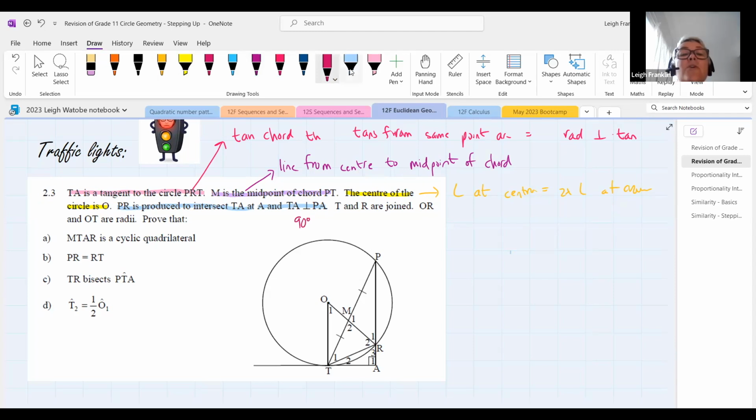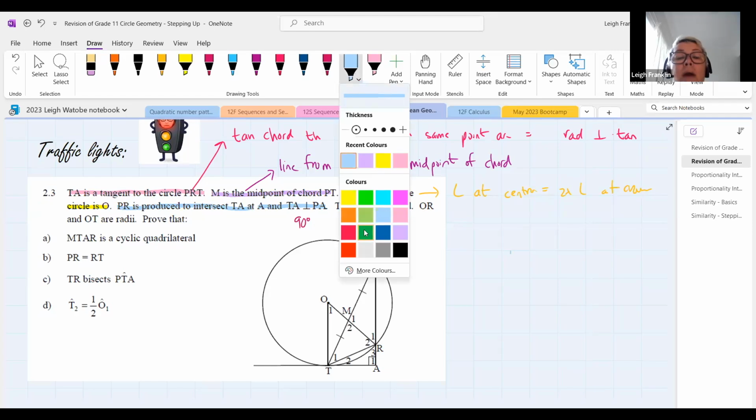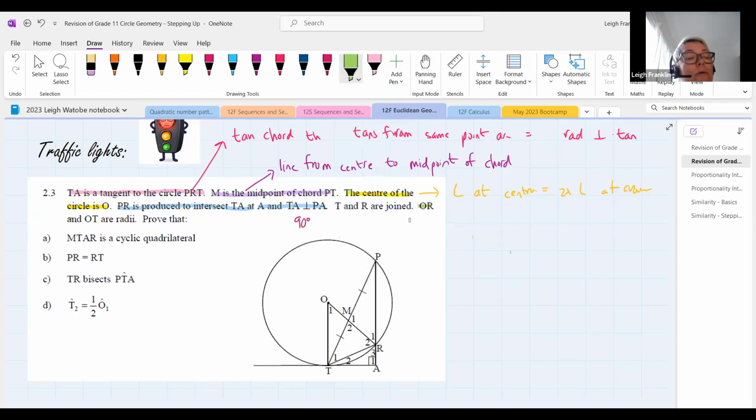So if they tell us OT and OR are radii, why would that be important to us? OT and OR are radii. Why would they tell us something like that? They're equal, absolutely. Radii are equal to one another.